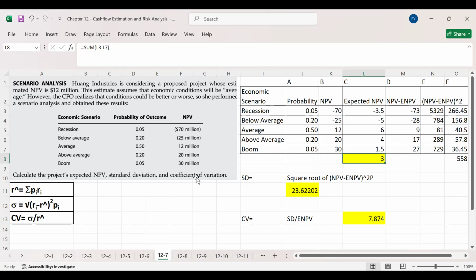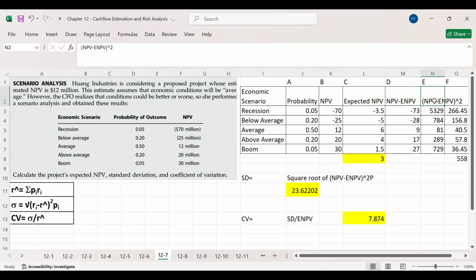The next requirement was to calculate standard deviation. In the standard deviation formula, we deduct the average NPV from the individual NPVs, then square the difference, and then multiply it by the probability.